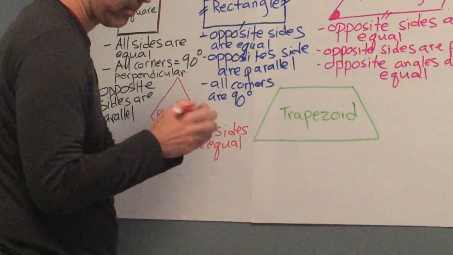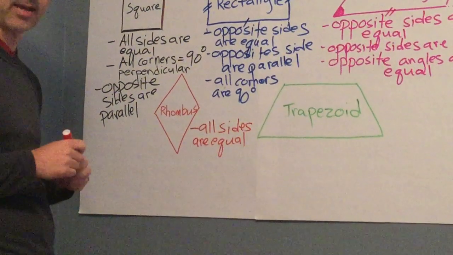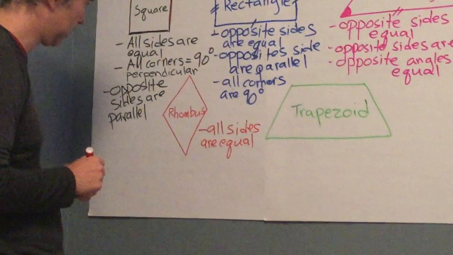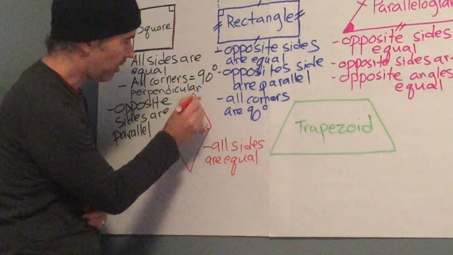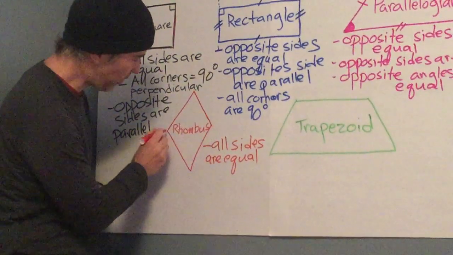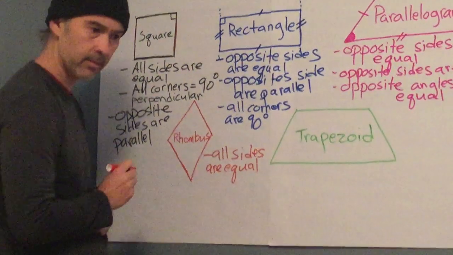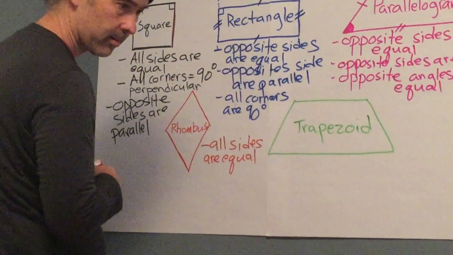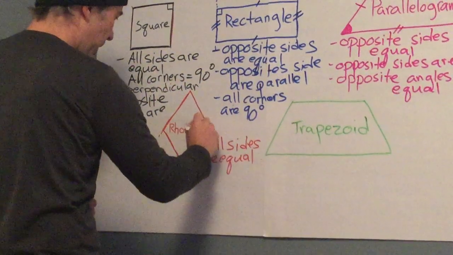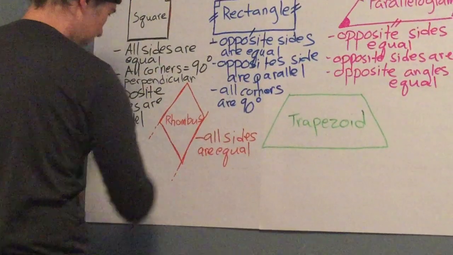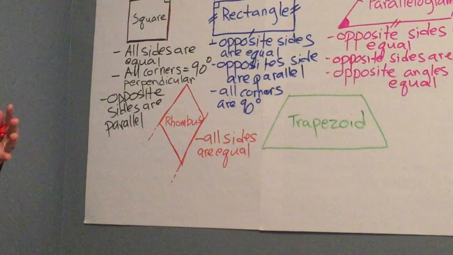Okay? What else can you say? What else do you see here? Well, I see that this side, is it parallel to this side? Yes. And this side, is it parallel to this side? So are the opposite sides of a rhombus parallel?